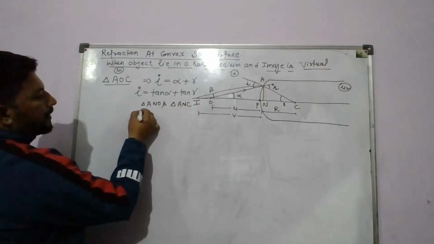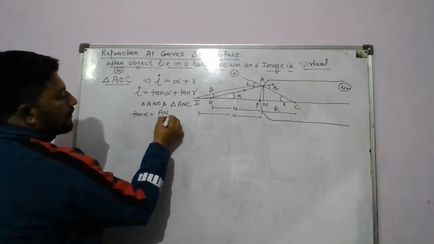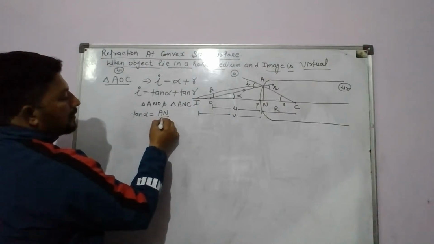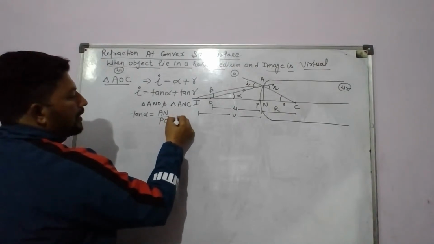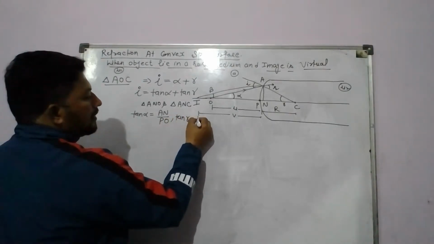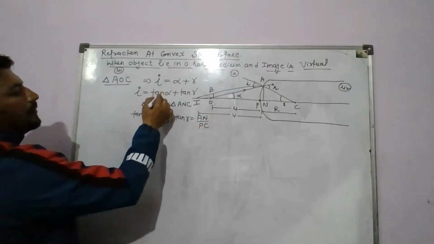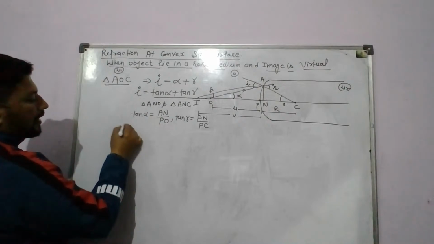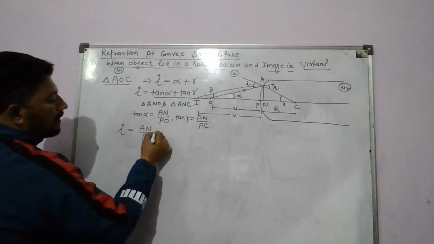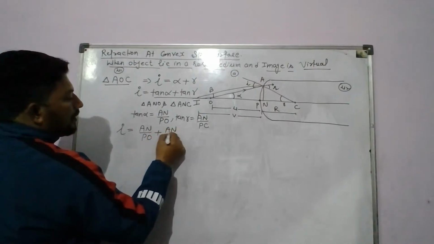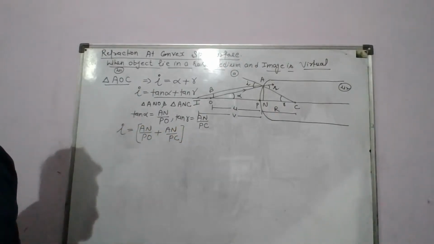Listen carefully. So tan alpha is equal to AN perpendicular upon base, that is equal to PO. N is very close to the pole, that's why we write here P. Tan gamma is equal to AN upon PC. Now these two values put in this equation: i is equal to AN upon PO plus AN upon PC. So this is your incident angle i.